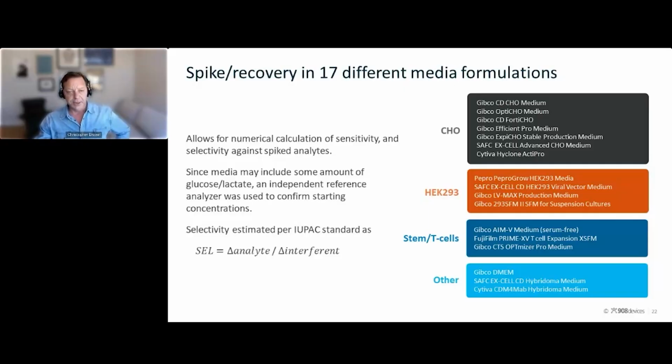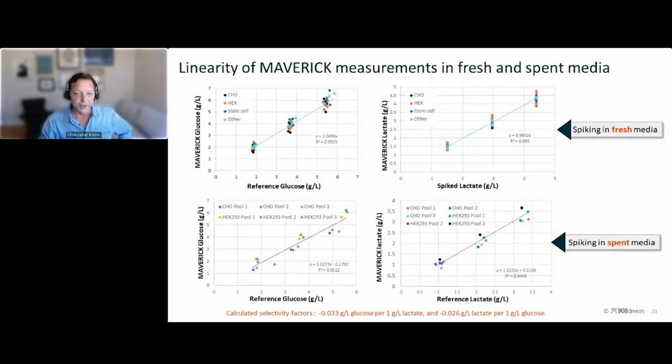So we did some CHO optimized medias, HEK, as well as some stem and T cell and other media formulations. And so these are spiking studies where independent analytes are spiked in, and you can follow that the response of the de novo model on the Maverick seems to follow what would be expected based on the spike. And it also allows you to calculate selectivity in a way that's consistent with regulatory guidelines and IUPAC standards.